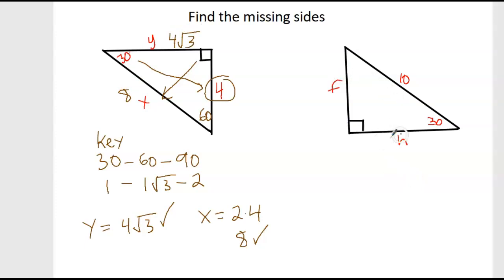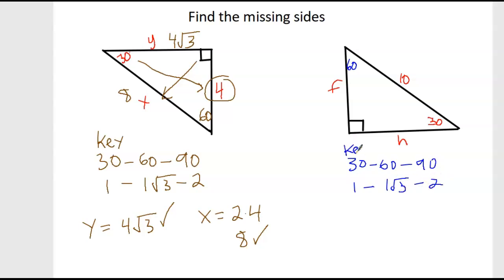Okay, let's look at this. This one also exhibits 30, 90, so obviously here is going to be 60. If that's the case, we are using the special right triangle 30-60-90, and we know the ratio is 1, root 3, 2.